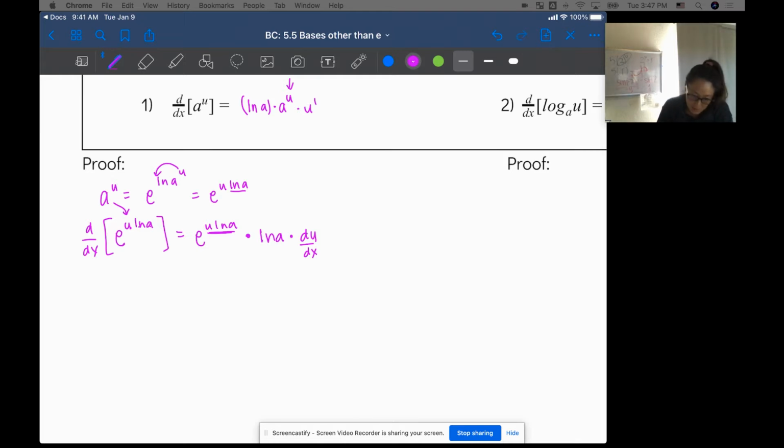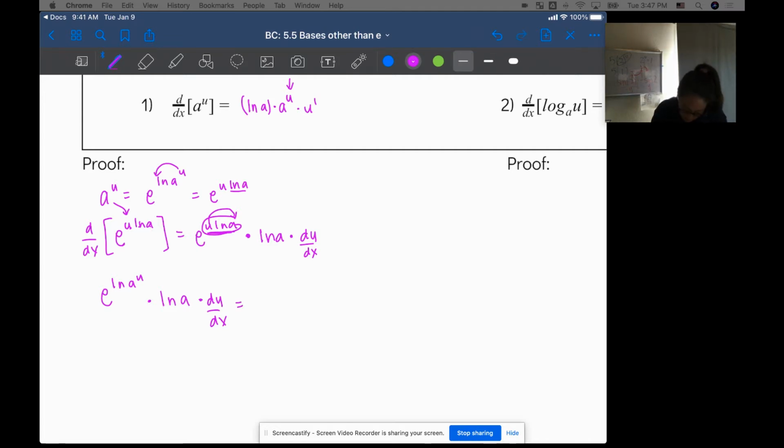So we get e to the ln of a to the u times ln of a times du dx. We just rewrote this part with the exponent of u.